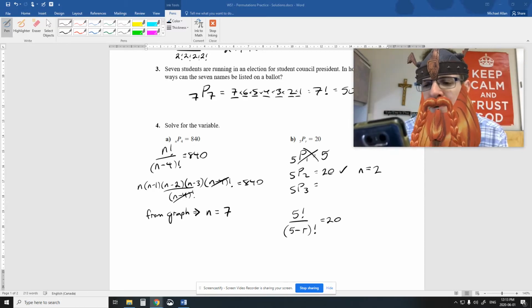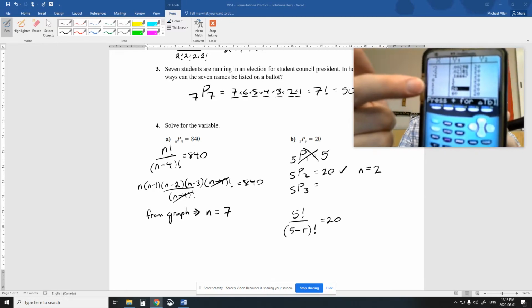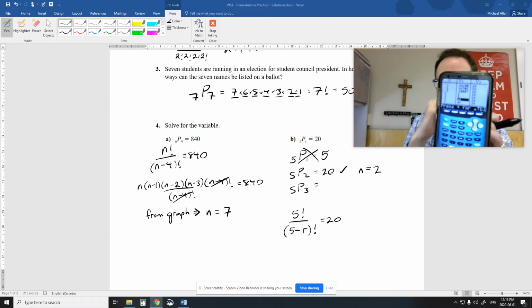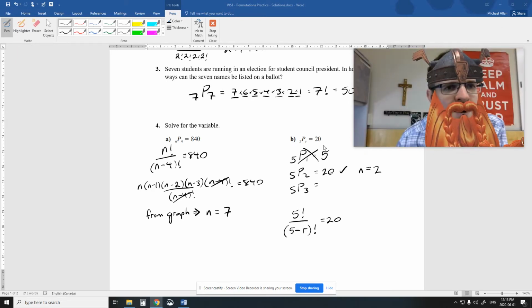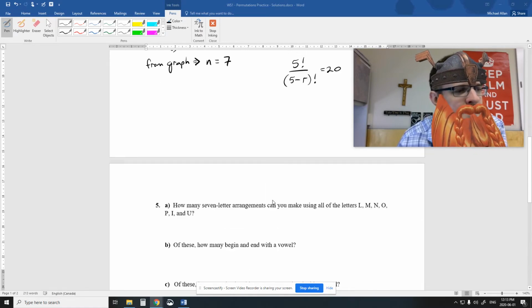But if you go to your table, you can find that when n is equal to 2, you get 20, 20. So you can get it in your table, but there's nothing in between because factorials don't really work too well for strange numbers. So having a half or 0.6 or something like that doesn't make this work nicely. So I'm just going to guess, check and revise and get it to work, and then you got 2 here.